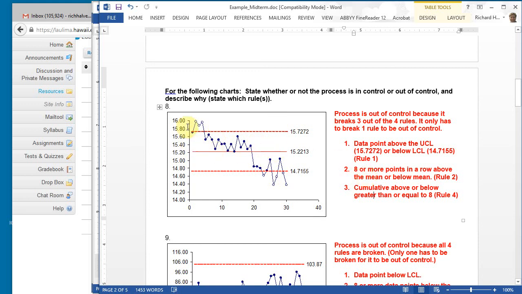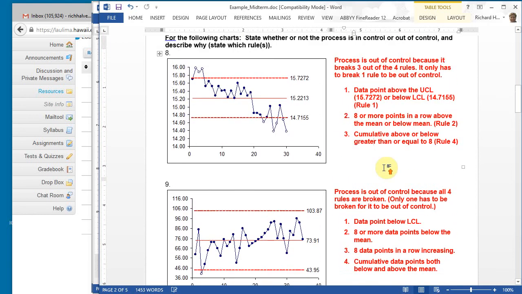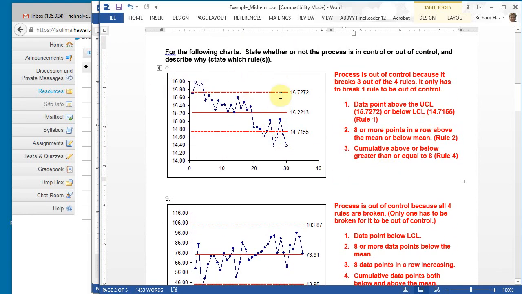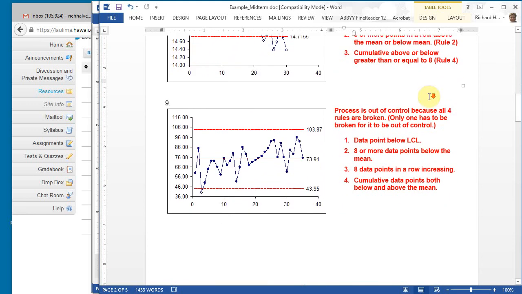We can see that there's a cumulative 8 above right off. Okay, so this process is out of control for 3 of the 4 rules, and it actually only has to break 1 rule for it to be out of control.